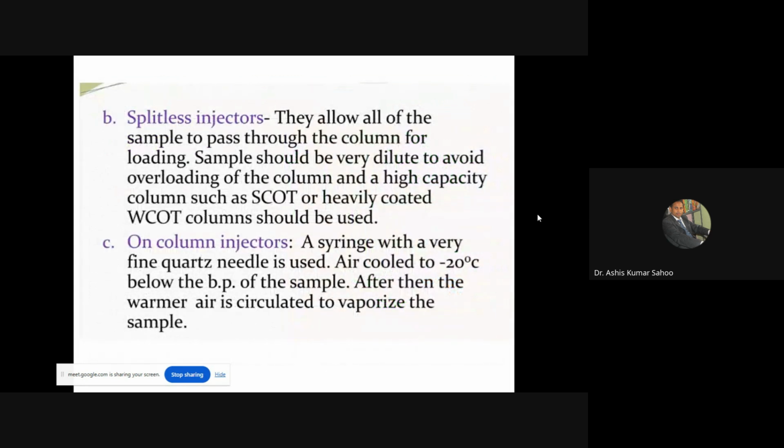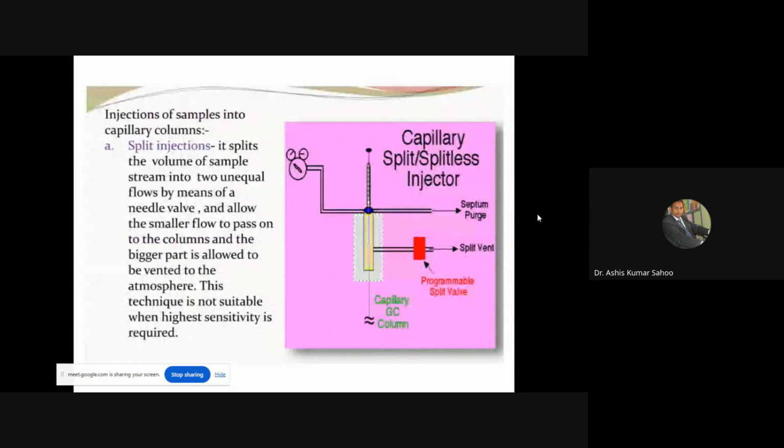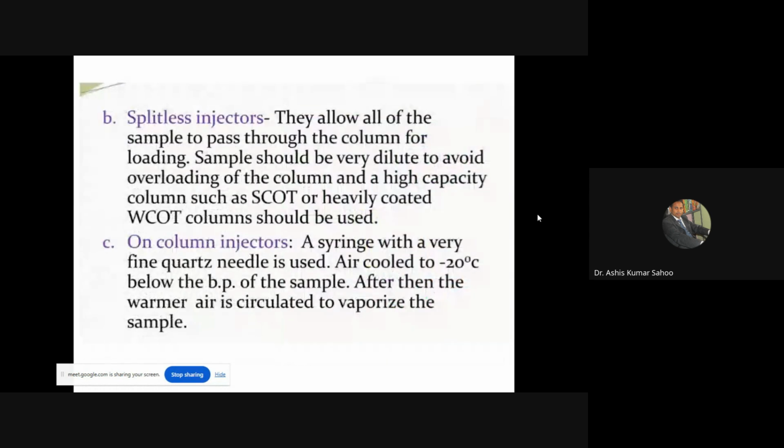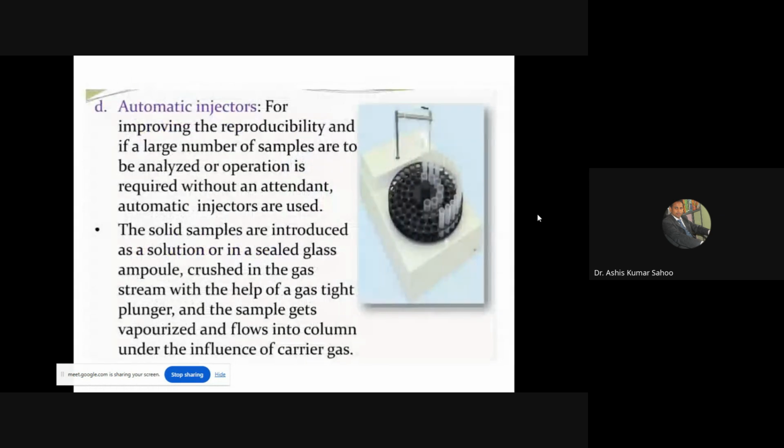Splitless injectors allow all the sample to pass through onto the column, with a vent. These are the different conditions for injection of sample into a capillary column. With an automatic injector, we can inject the sample automatically.